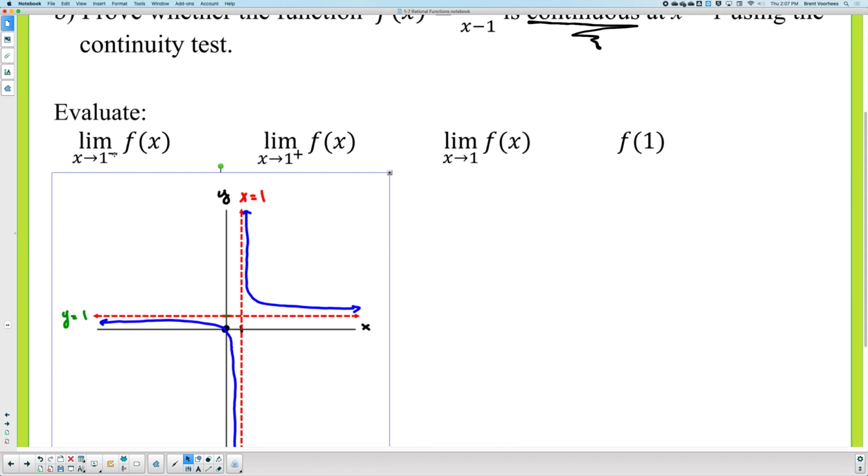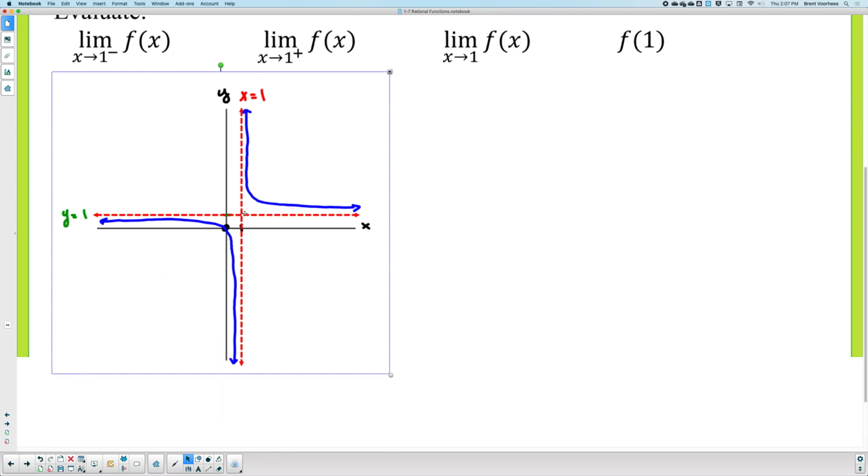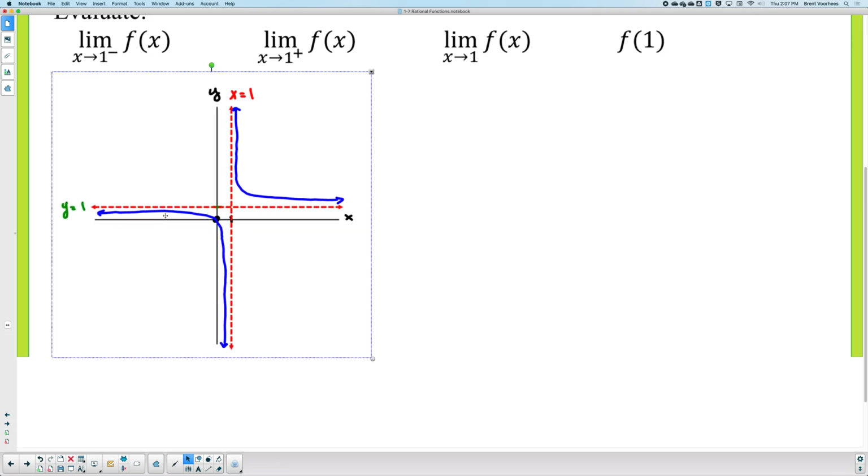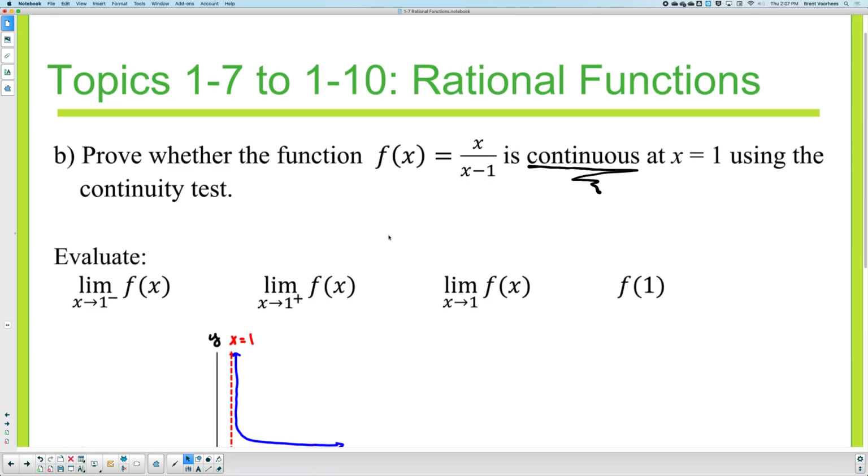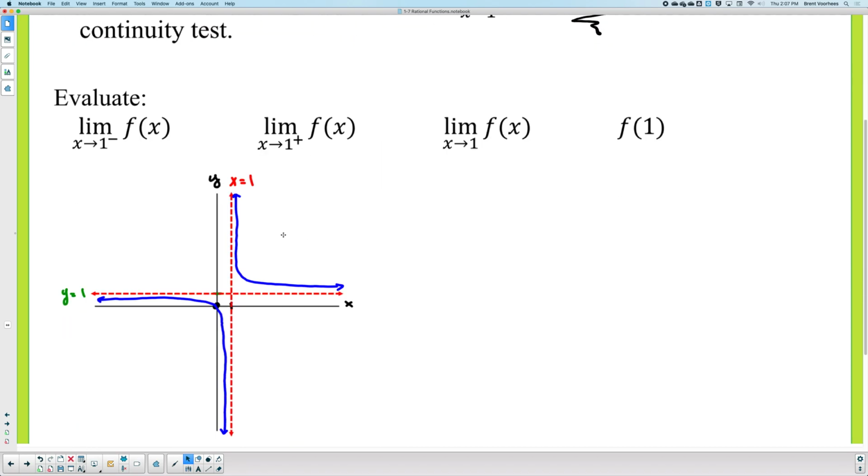Just before 1 or coming from the left. As we approach x equals 1 from the left side, so this piece, what's happening to the graph? Am I rising, falling, or getting flat? It's falling. And what symbol represents falling? Negative infinity. So let's say this right here is negative infinity. I'm going to call this limit 1, and I'll put a 1 down here so you can look back later and realize that limit corresponds there.